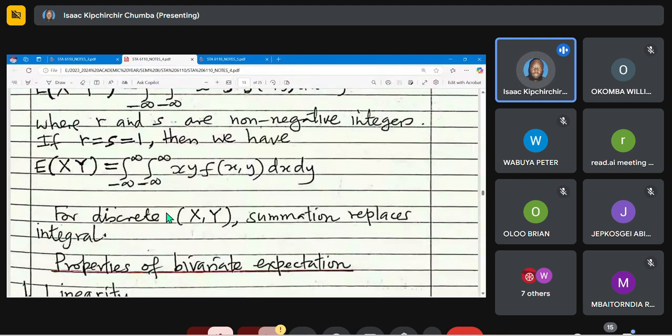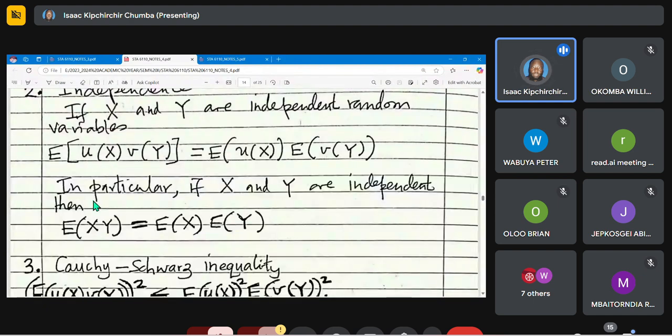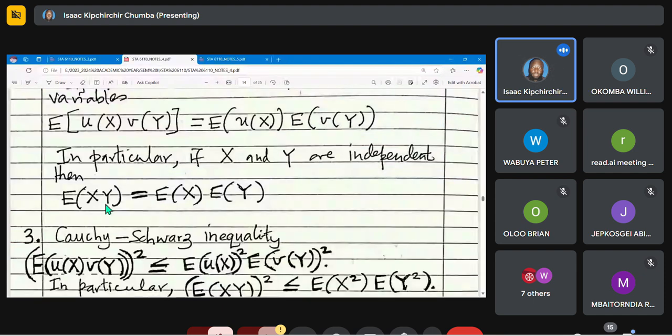So basically, it's like you are having a function of X alone and a function of Y alone. So it is actually a special case of this. A function of X alone is X itself, and a function of Y alone is Y itself. So we are saying the expectation of XY, the product, is actually the product of expectations. So this is a result of independence.